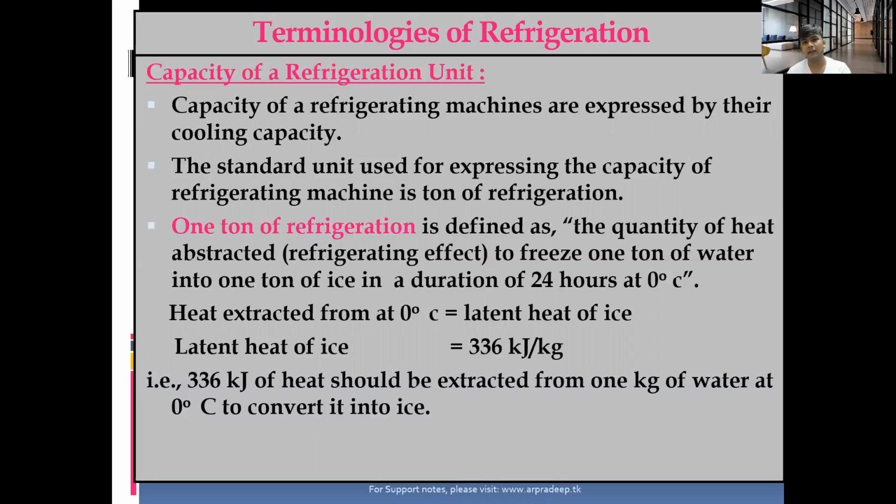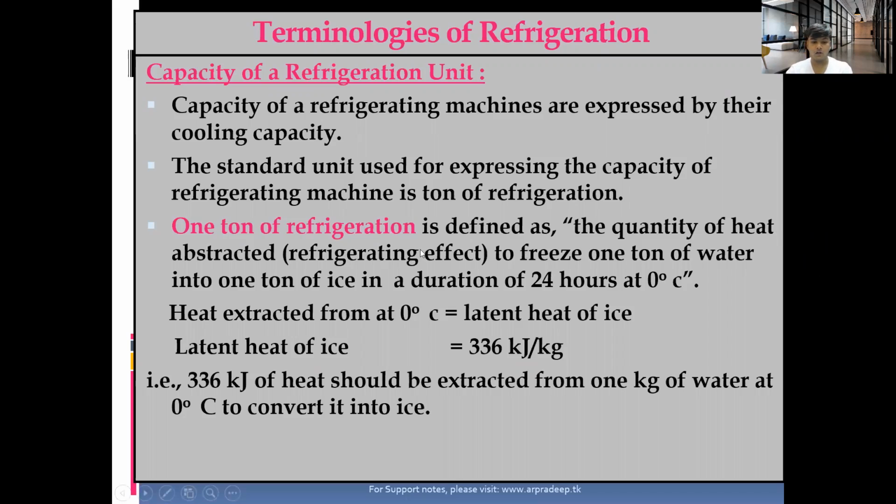Suppose some people tell you this complete room requires 1 ton of AC. That is, refrigerating capacity is measured in tons. As mentioned here, the capacity of refrigeration is called cooling capacity. Your refrigeration capacity is similar to cooling capacity.